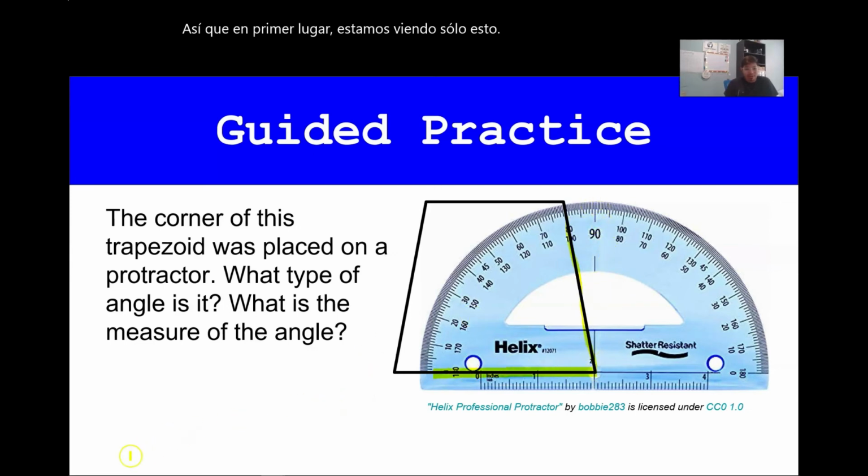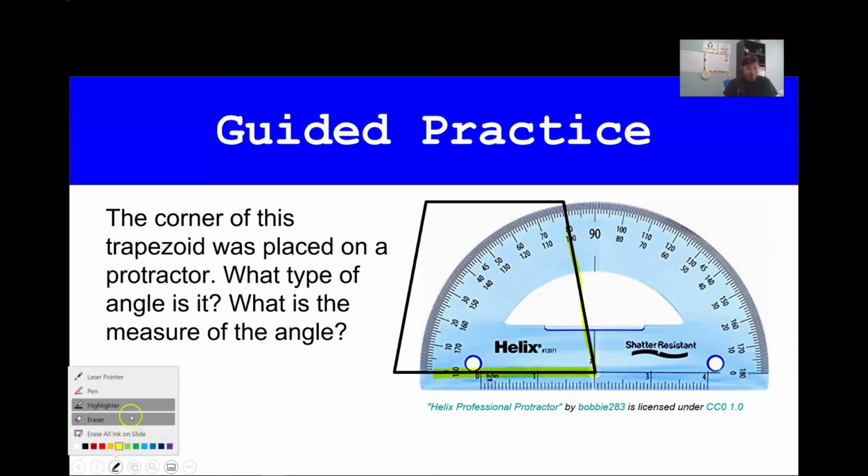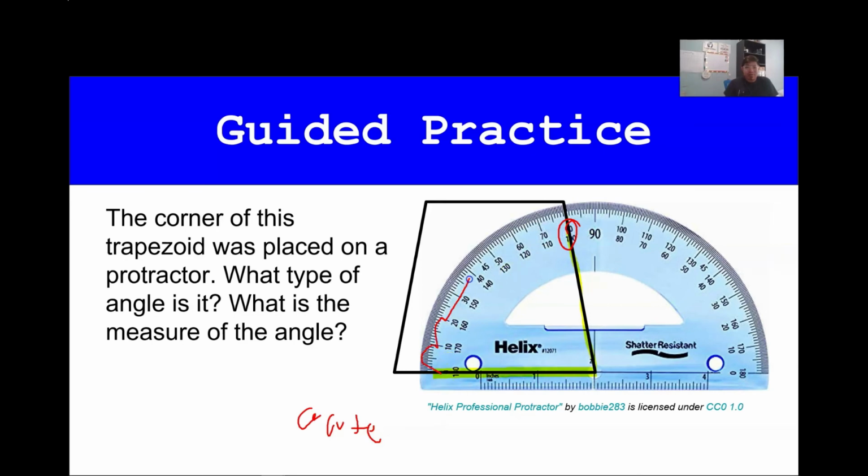So this is an acute angle. And it measures exactly 80 degrees because it goes 50, 60, 70, 80.